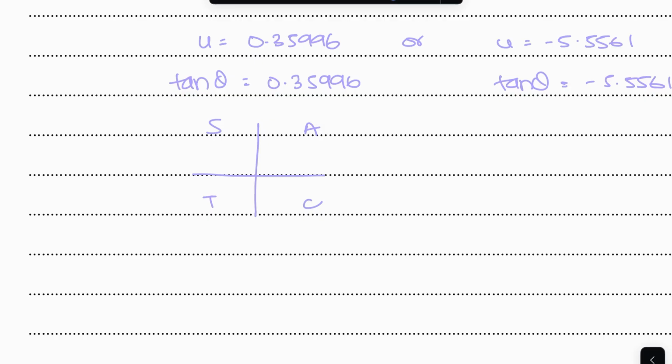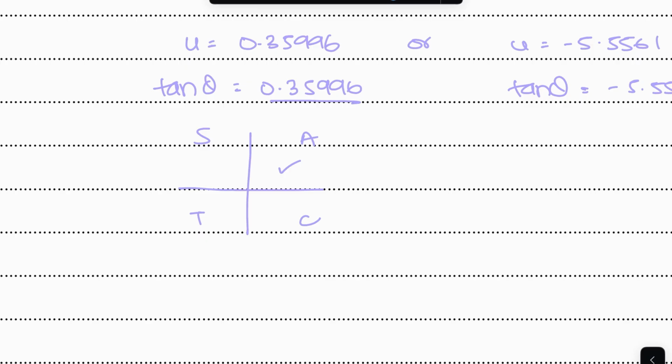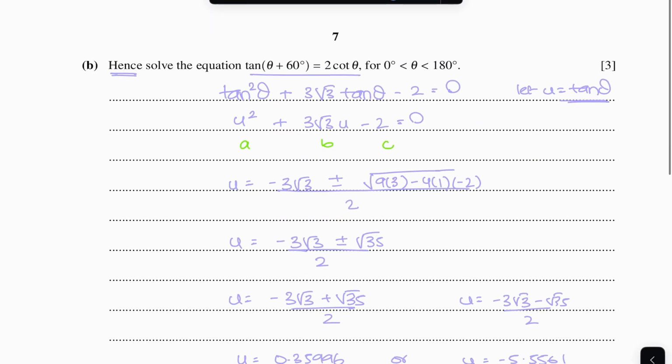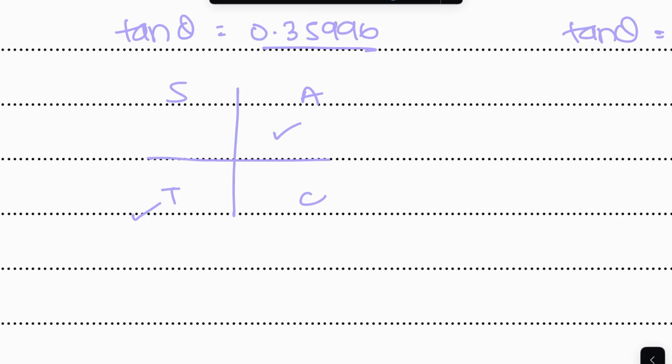Since we have a positive value, we are going to have this value in the first quadrant, and we know that tan is only positive in the first quadrant and the third quadrant. But we should remember that our range is only from 0 to 180 degrees, so we are only looking at the top 2 quadrants, and we will not be looking at the third or fourth one. So this is useless to us.